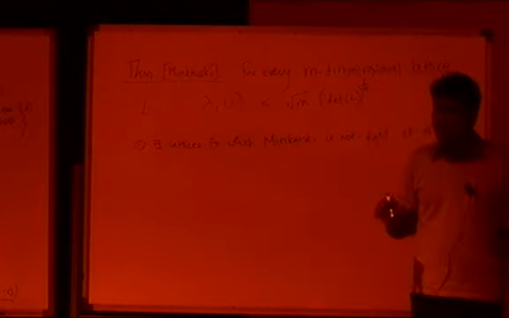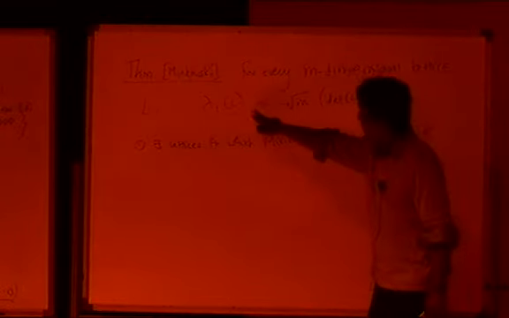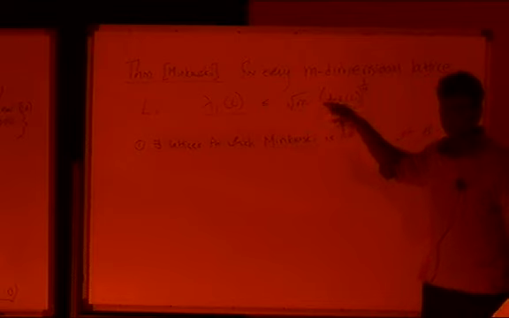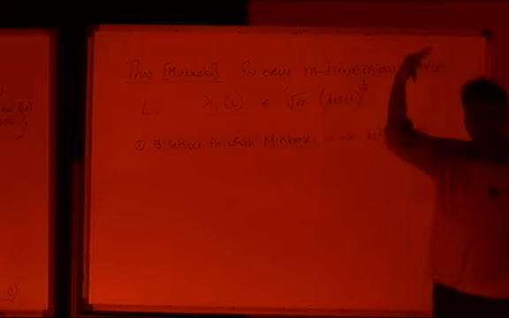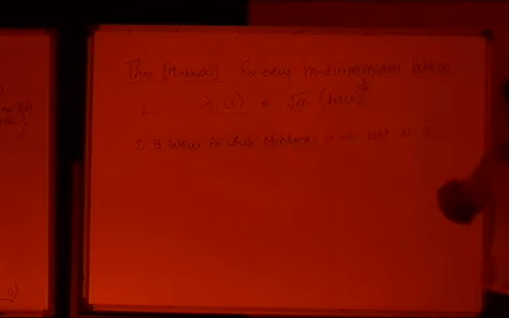What I mean is that the length of the shortest vector predicted by Minkowski is a lot larger than the length of the actual shortest vector. There is a vector which is much, much smaller than the length predicted by Minkowski.